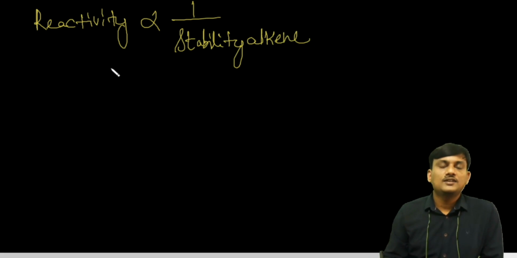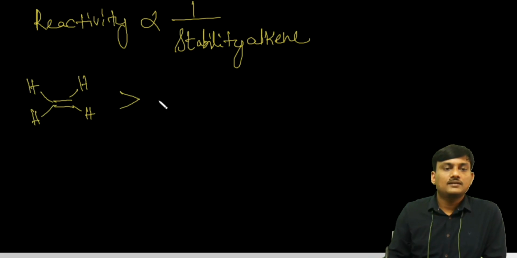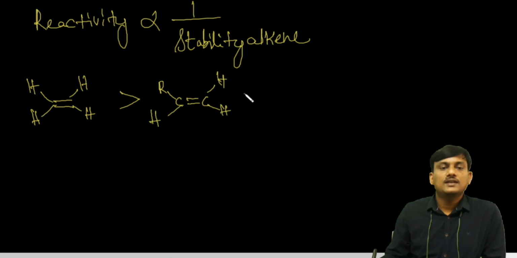So the reactivity order will be: ethylene, the most reactive among the alkenes, is greater than monosubstituted alkene, which is greater than cyclohexene, which is greater than disubstituted alkene.